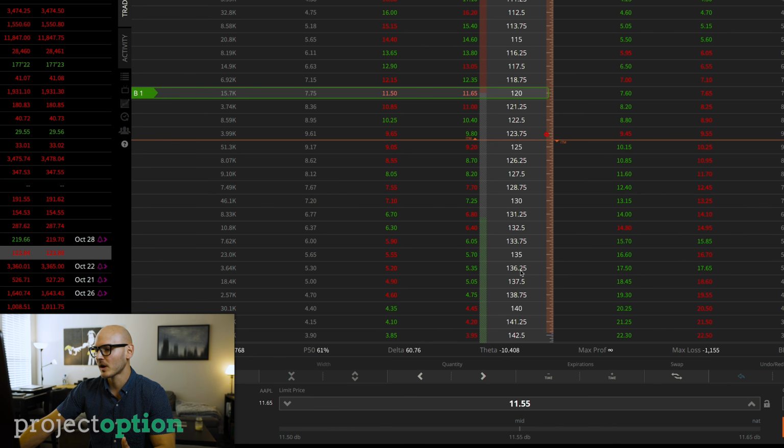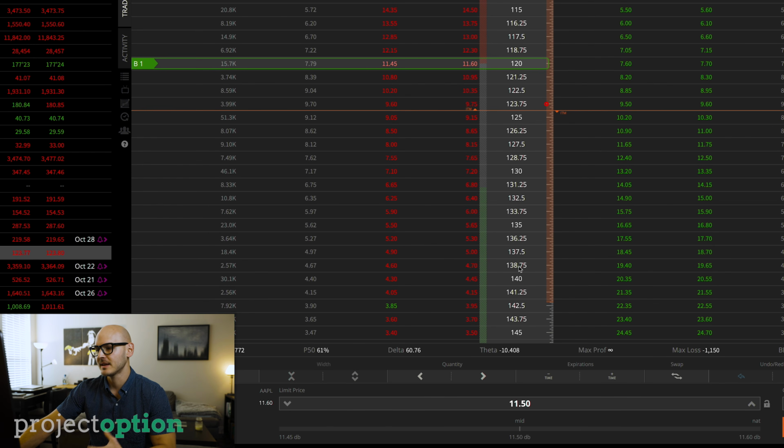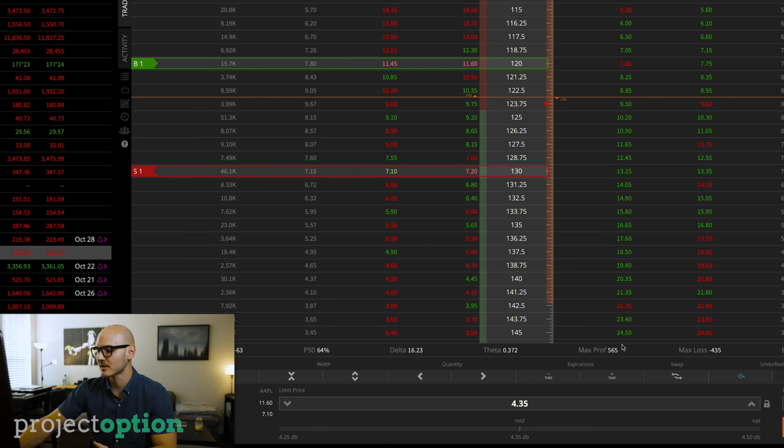But what if I didn't want to spend so much money on this call option, but I still wanted to have a trade that would make money when the stock price increased? And let's say I thought Apple might increase to $130 over the next 43 days. Instead of just purchasing this 120 call option, I could also short the 130 call option, and by doing so, I reduce the cost of my trade from around $1,100 to $435.